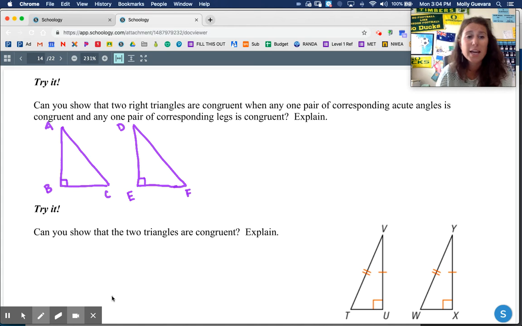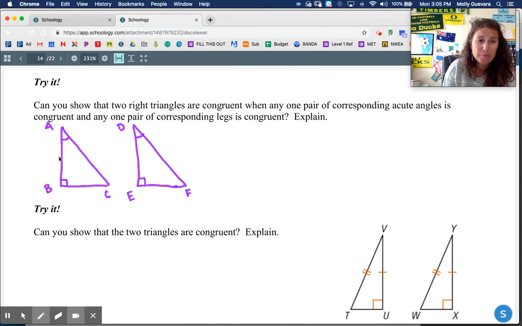Okay, so this says, can you show that two right triangles are congruent when any one pair of corresponding acute angles is congruent? So let's just pick an angle, boom, boom, and any pair of corresponding legs.